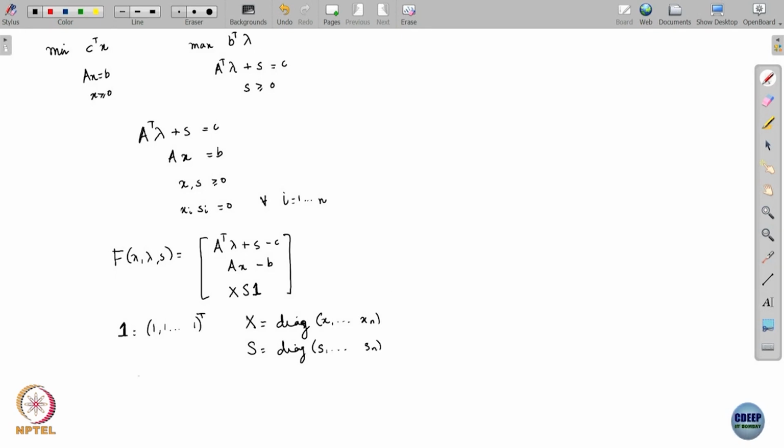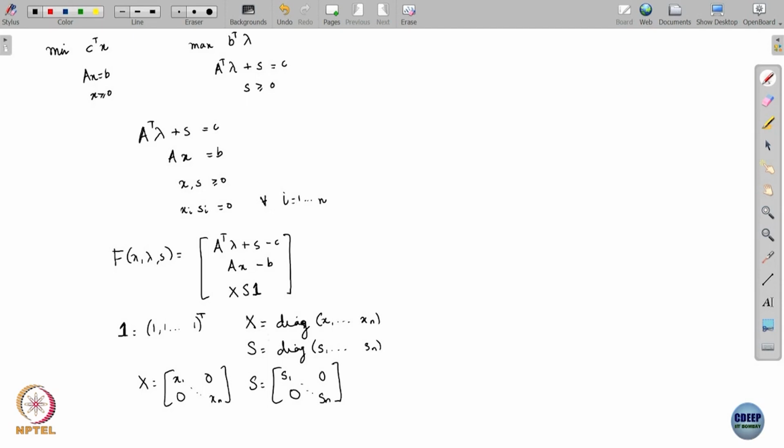So, X is this matrix x1 till xn and zeros elsewhere, and S is this matrix S1 till Sn and zeros elsewhere.